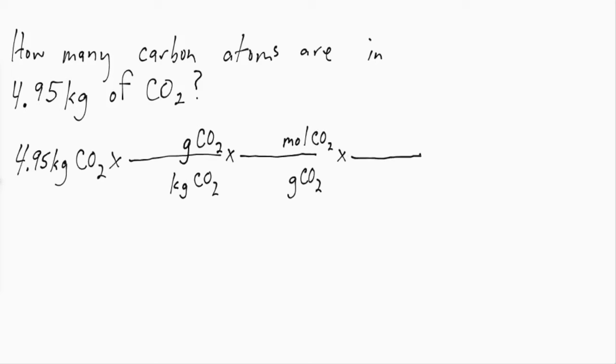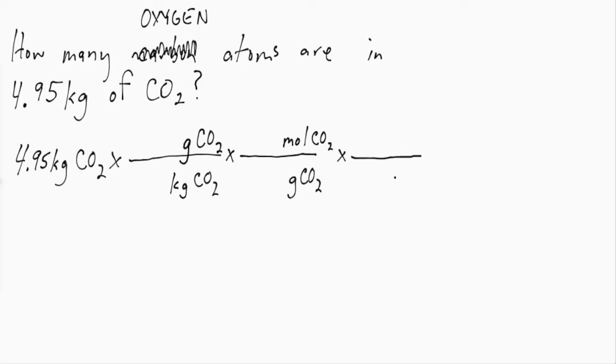Now, here's an interesting thing. You know what? I should have changed this to oxygen to make it a little more difficult. Would you allow me to do that? How many oxygen atoms are in 4.95 kilograms of CO2? Here's why I want to do that.